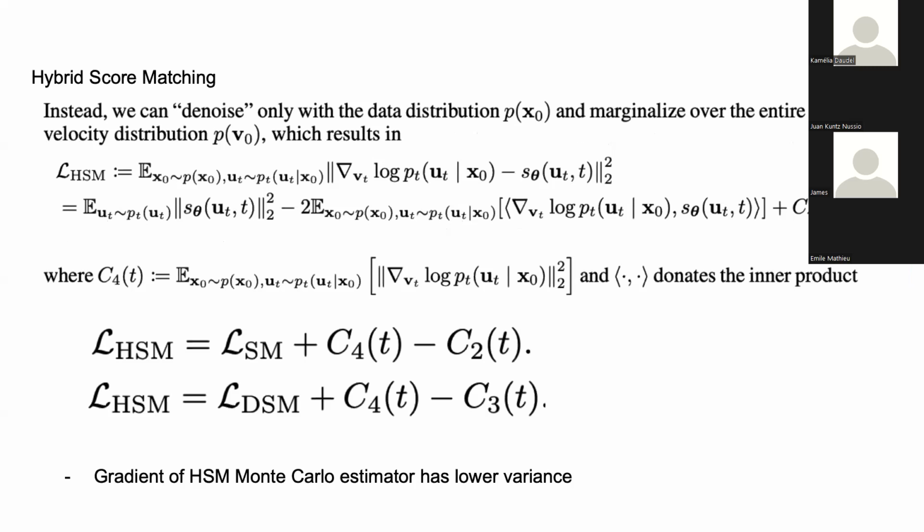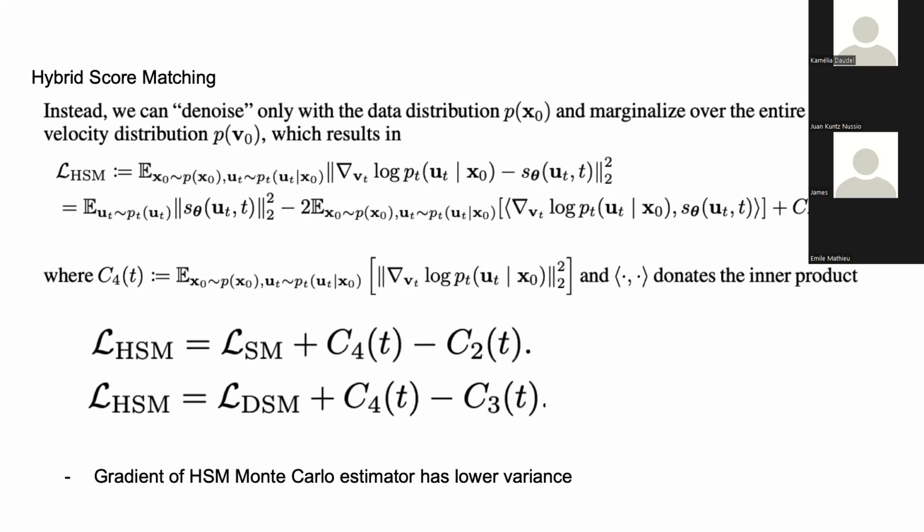So not V0, but just X0, and marginalize out the V0 part. This makes the gradients a bit more stable. They can show that the variance of the gradients of this estimator is lower than the denoising score matching term.